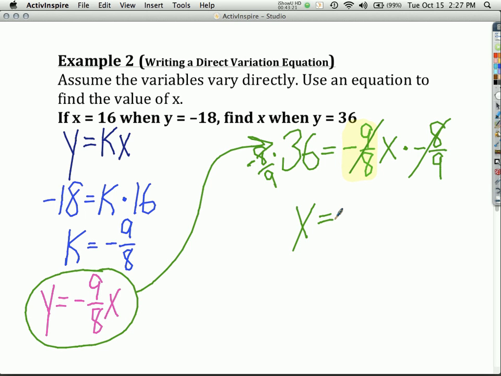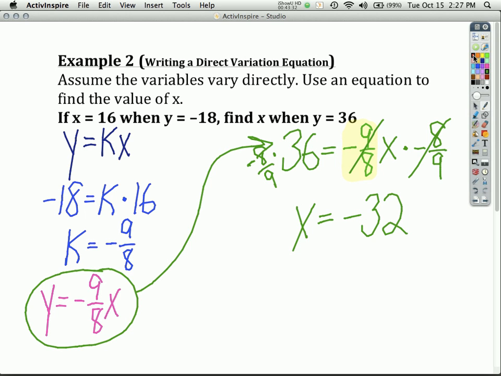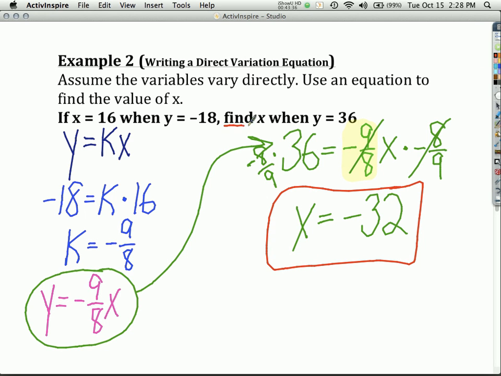What'd you get? Negative 32. That is correct. And that was what we were actually asked to find: the value of x. Find x. Now we found it. To find it, we had to do this so that we had something to plug into.